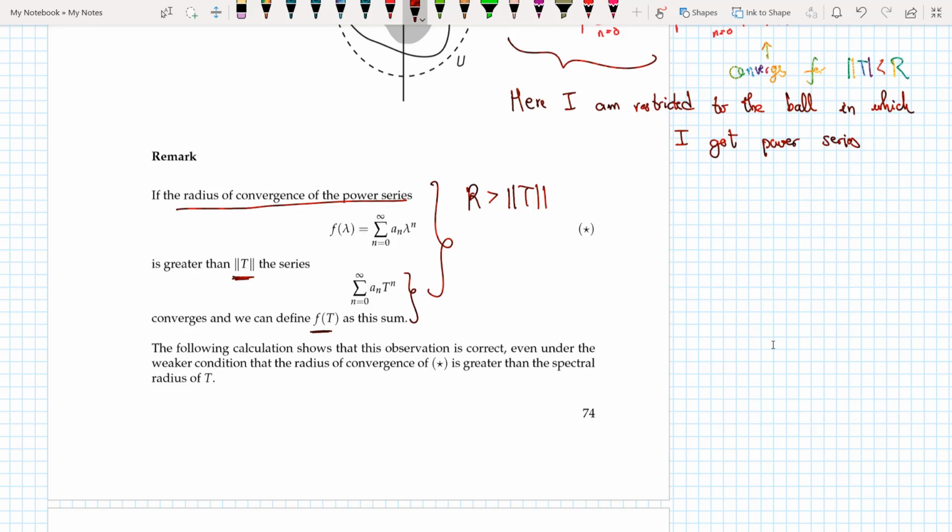This is very important. So f of T can be only defined when the radius of convergence of this power series is greater than norm of T, and hence I can define f of T with this formula.